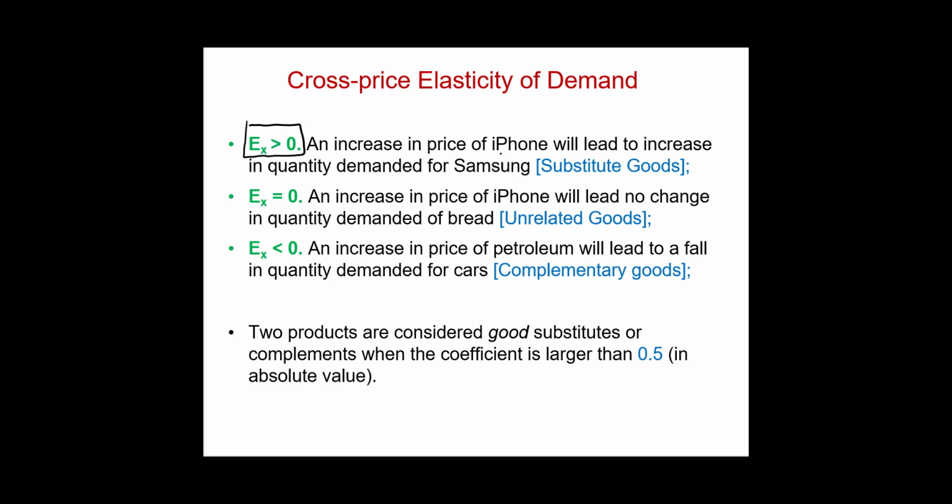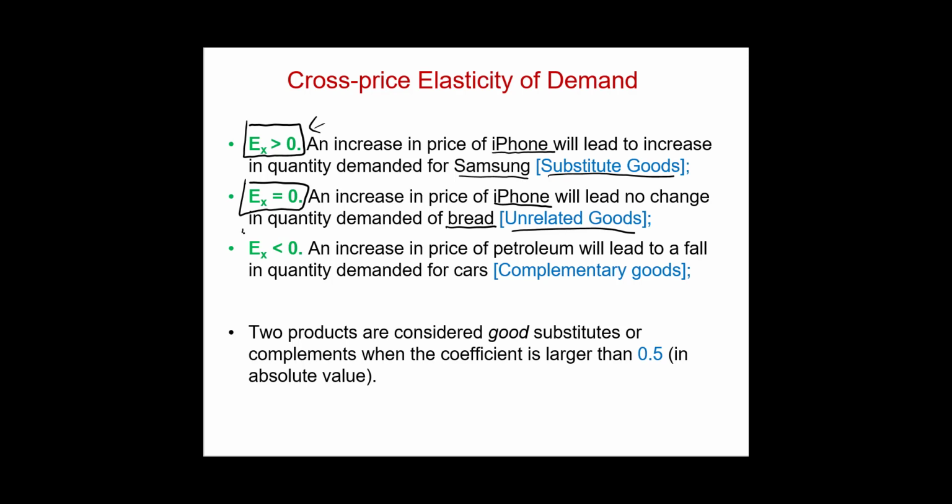If price of iPhone increases and that leads to higher demand for Samsung phones, then these goods are usually substitute goods. Now if the cross price elasticity is equal to 0, then the goods are not related to each other. In this case, change in the price of iPhone will not affect the quantity demanded of bread. So these are unrelated goods.